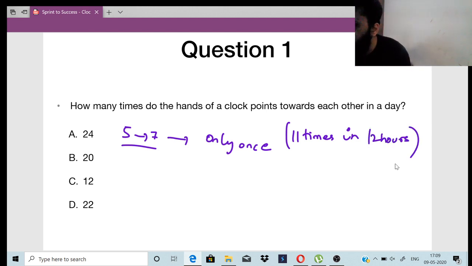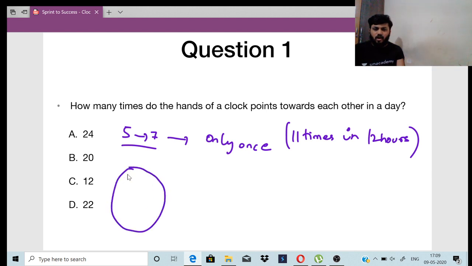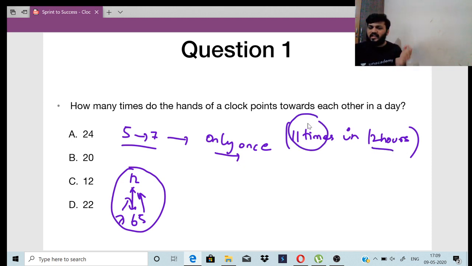If this is my clock, with 6 o'clock and 12 o'clock like this, then again 5 o'clock and 7 o'clock. So between 5 to 7 o'clock they point towards each other only once, and in the other 12 hours they point towards each other 11 times.